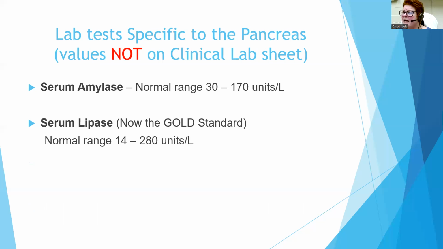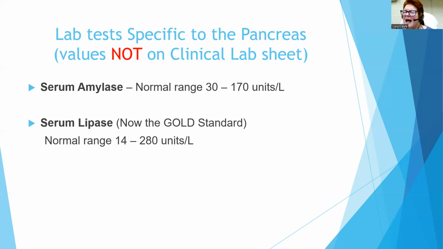These lab tests are specific to the pancreas. They're not on the clinical lab sheet, but after meeting today, we'll see if we can put them on there, as well as the sedimentation rate for you. Serum amylase, the normal range is 30 to 170 units per liter.